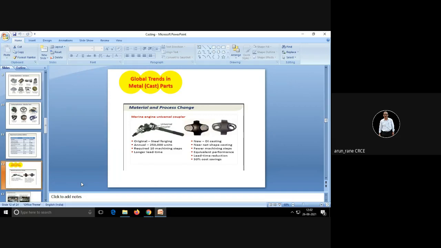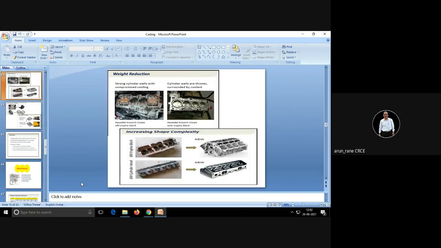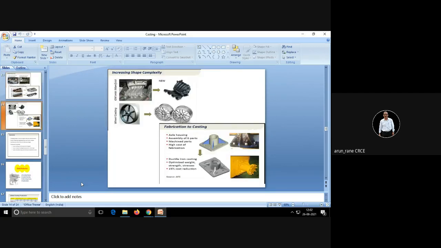Earlier it was forged, but now it is replaced by casting. Casting is more economical than forging. The advantage of casting is that the material weight, as compared to other processes, is less or low.